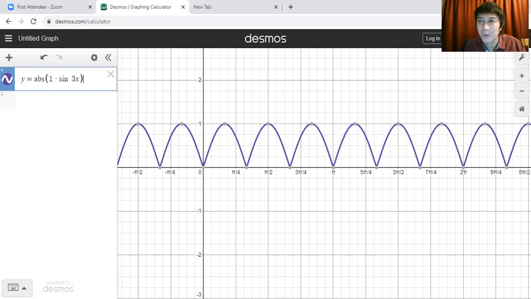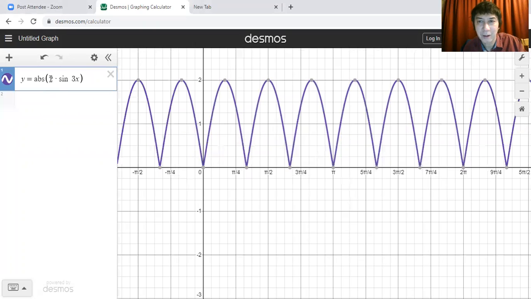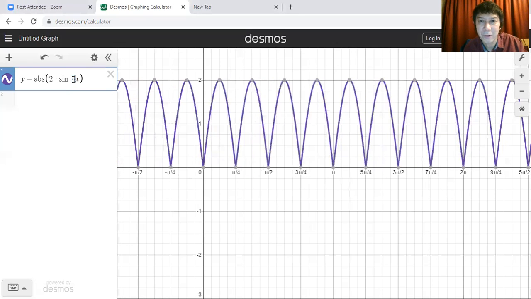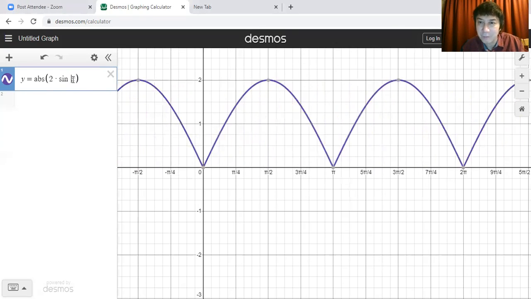So you're going to have this kind of graph. There will be no negatives. They will be all positive, and this is how it will look like. So you can now increment the amplitude inside, and you can also increase the frequency, say 4 there, 5.